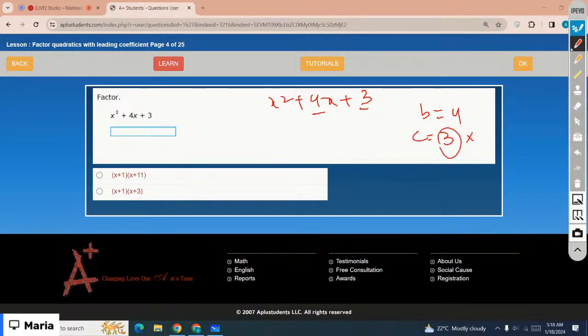Their product must be 3 and their sum must be 4. Think of the numbers. Which two numbers have the product 3 and sum 4? Which two numbers?